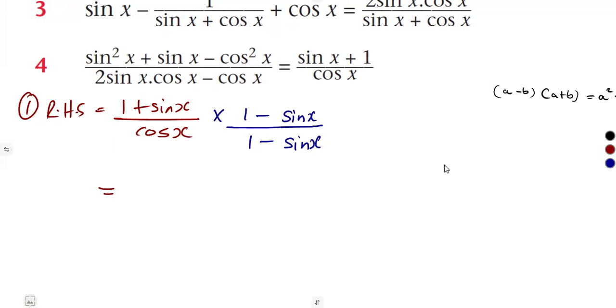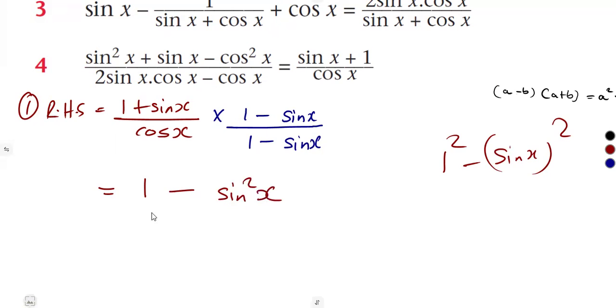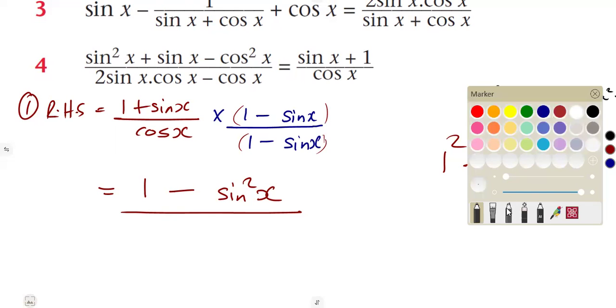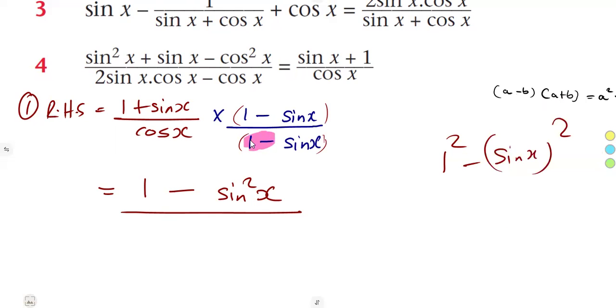All right. Remember our difference of 2 squares. 1 squared minus what? Sine of x squared. So it's going to be 1 minus sine squared of x over what? This part we have to expand the denominator. Expand by the cos of x. All right. Going to expand. So meaning to say, if we are to multiply this, what are you going to have?